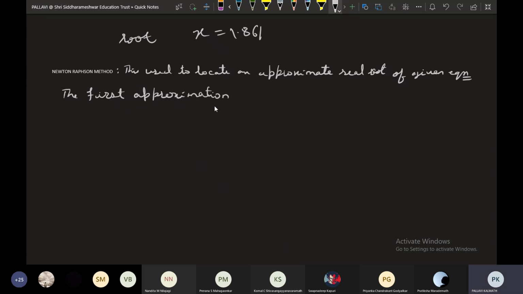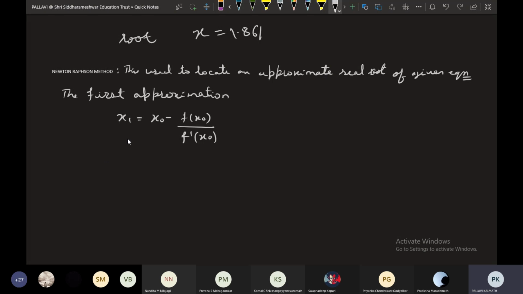The first approximation, denoted as x1, is given by x naught minus f of x naught divided by f dash of x naught. What is x naught? The initial approximation, the initial value.